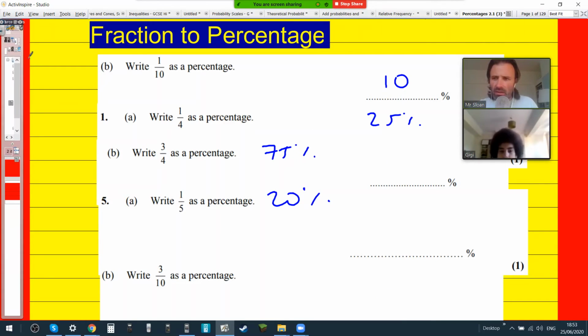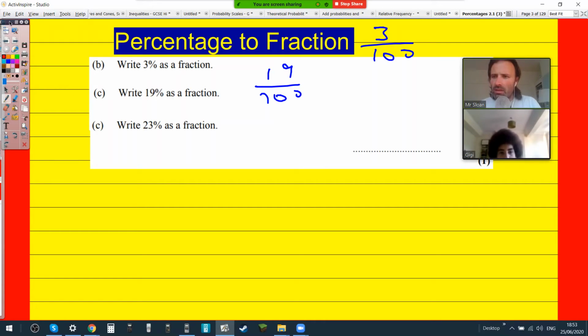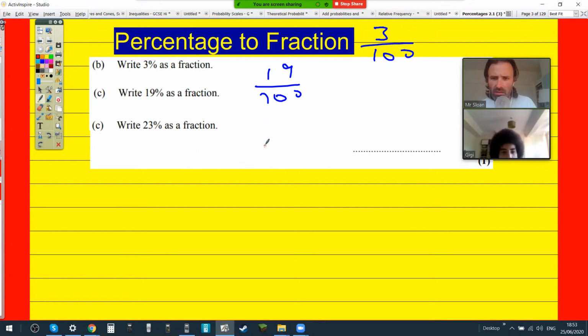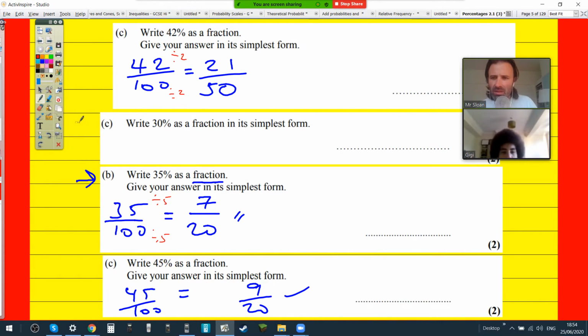What's this last one down here? 30%. That's that. What is the last one here? 23 over 100. What is this one here? 15 over 50.